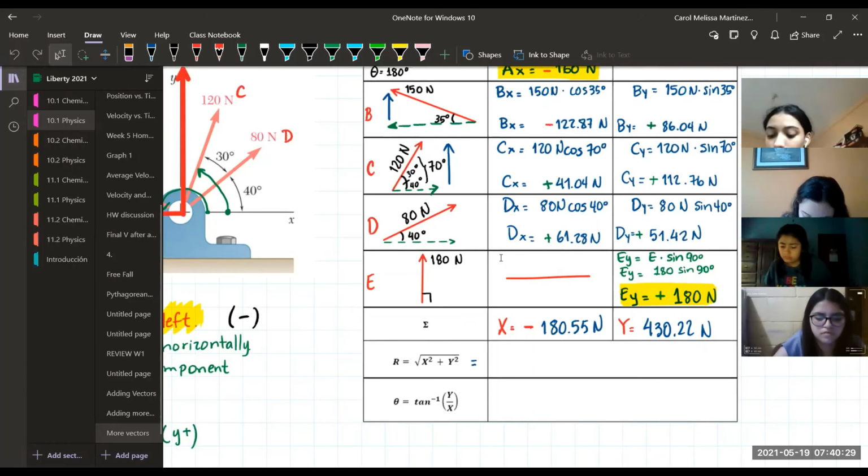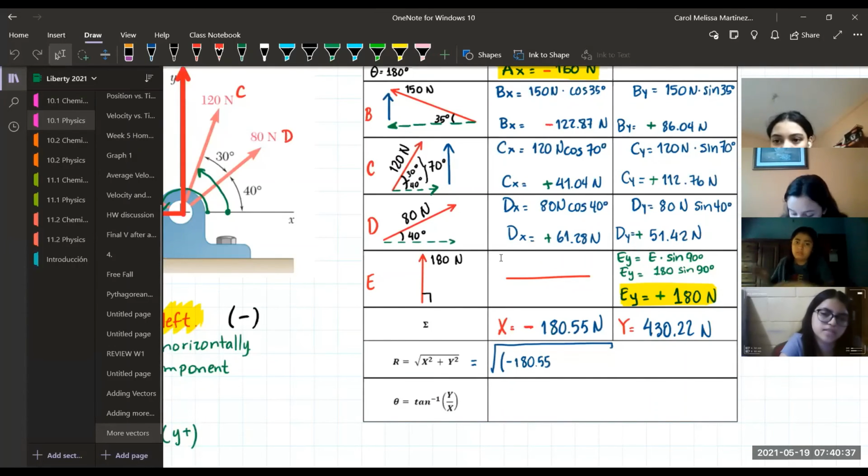Now, here I will give you some advice. When you plug in a negative sign, put it in parentheses, because if not, it's going to give you a wrong answer.